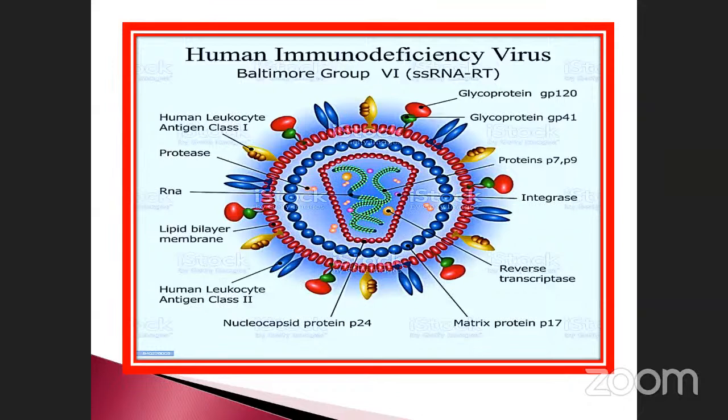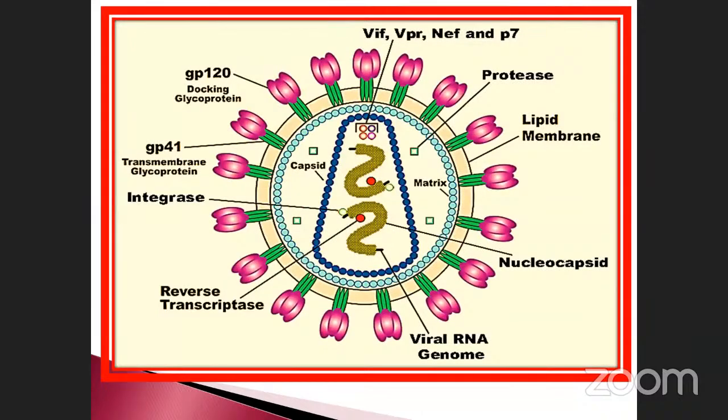So this is the structure. We will see it clearly one by one once again. The outermost part is like a shield with many protein molecules. The upper part is glycoprotein 120 and the lower part is glycoprotein 41.